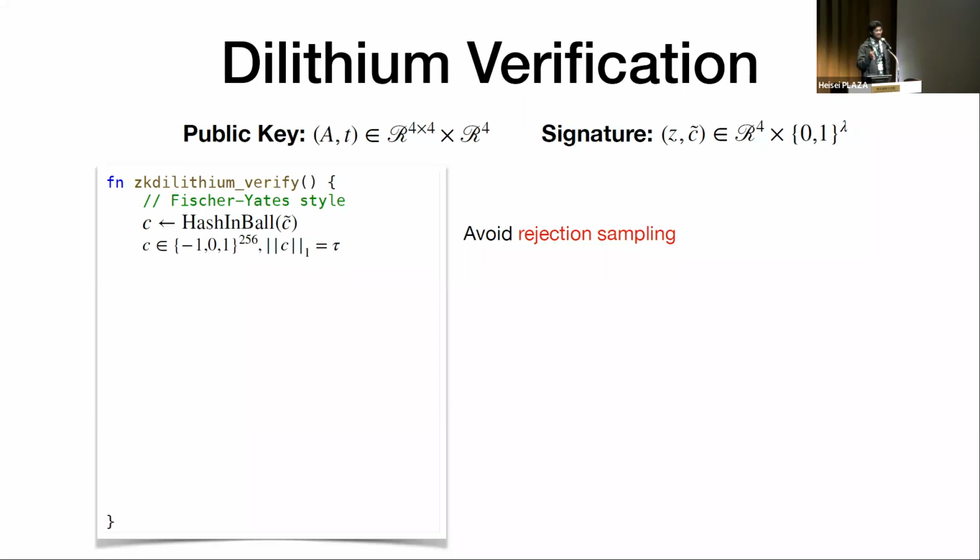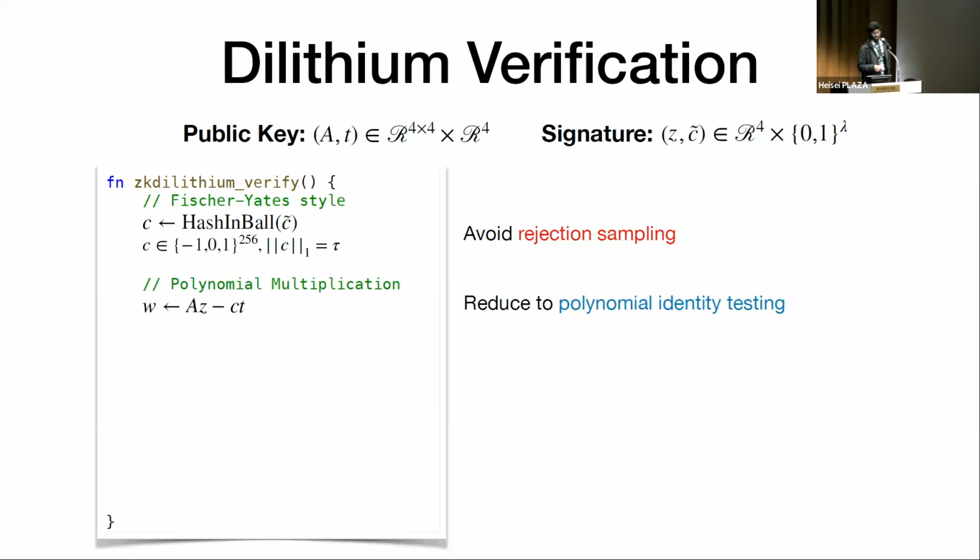But when you use Fisher-Yates, typically you use rejection sampling, and this is just a no-go for zero-knowledge proof systems. So you can actually move the rejection sampling to the signing part and avoid it in the verification circuit.